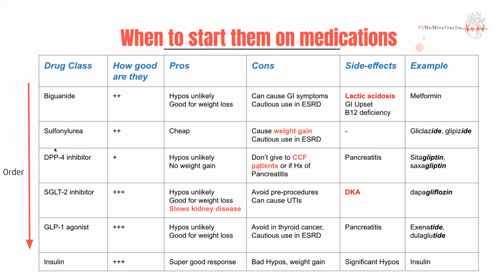So sulfonylureas are a very old class of medication. They're good, they're cheap, but the bad thing about them is that they cause weight gain, and we should not be using this in end-stage renal disease. Another class of medication that's actually been really, really useful. So I'll also talk about very briefly how each medication works.